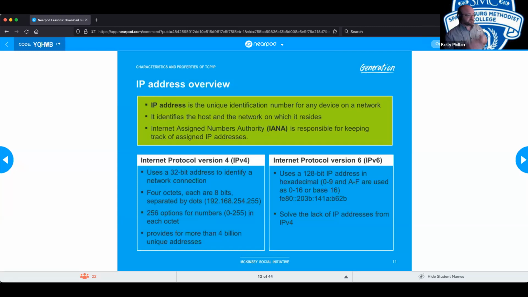Because the IP address actually is broken up into two segments. Part of it tells you what the network address is, part of it tells you what the computer address is, and that's where classifications come into play. And then later this week, when we talk about subnetting, it gets a little bit more intense.